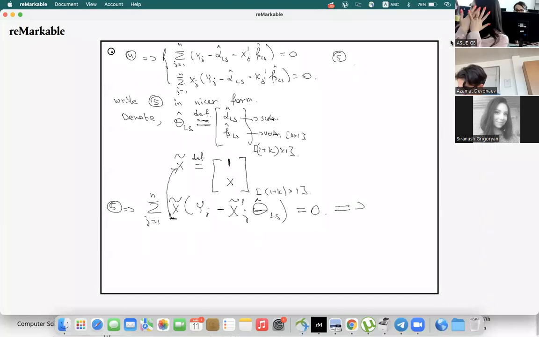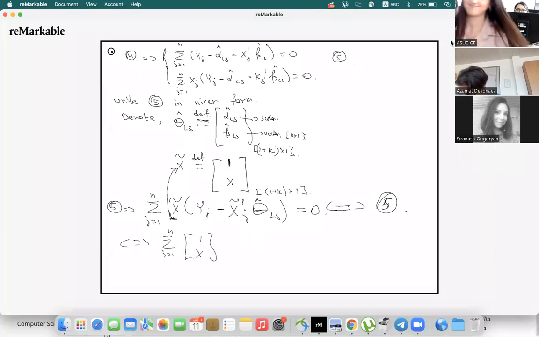It is really equivalent to 5. You see why? Basically, the way that you can write it is like this. What you have here is 1x, and here you have yj minus 1x.